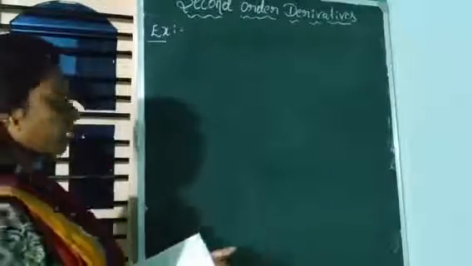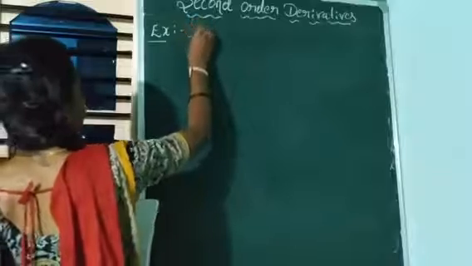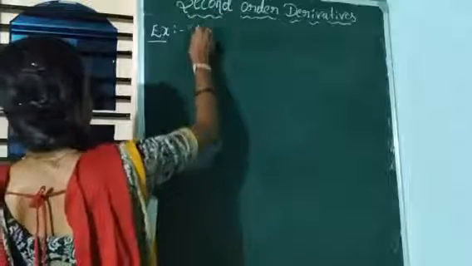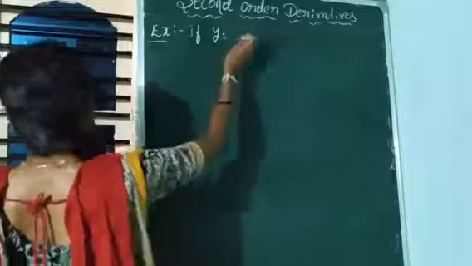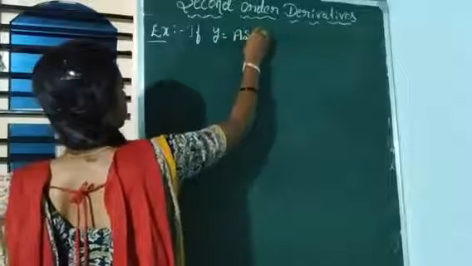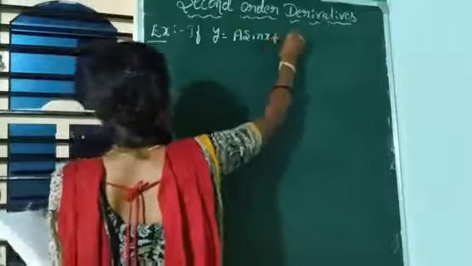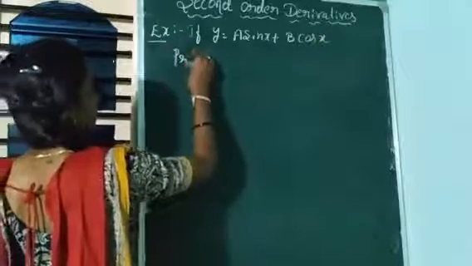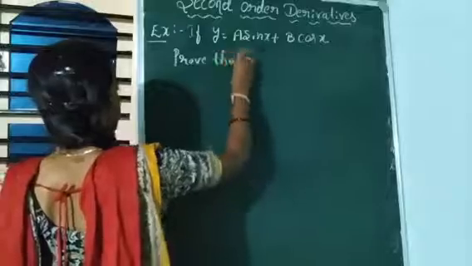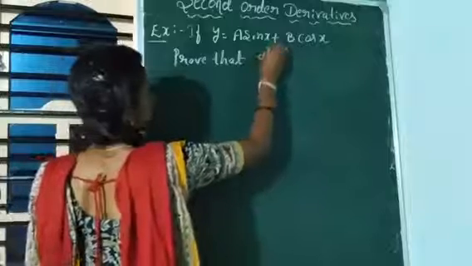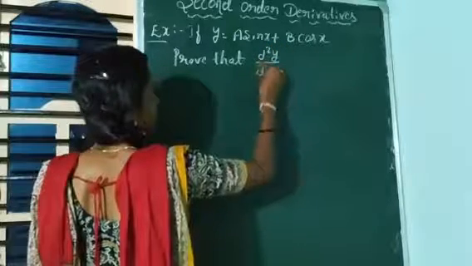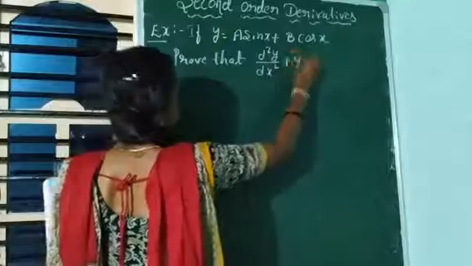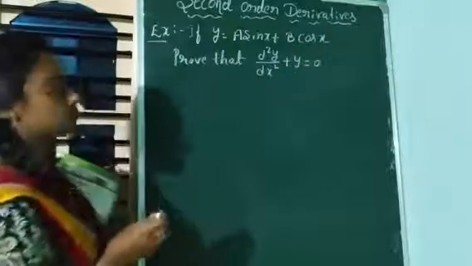The question is: if y is equal to a sin x plus b cos x, prove that d square y by dx square plus y is equal to 0.